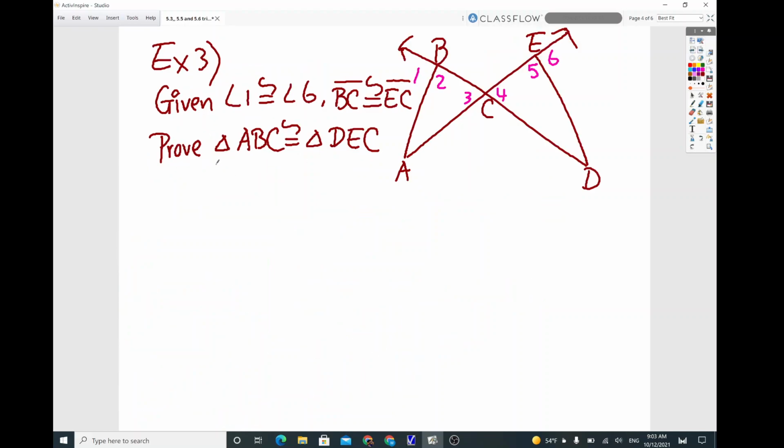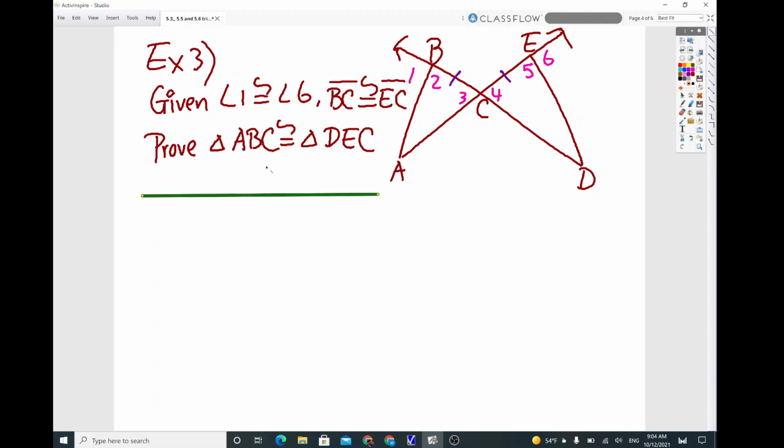Okay, let's keep going. Here's another one. Angle 1 is congruent to angle 6, and segment BC is congruent to segment EC. And you want to prove that triangle ABC is congruent to triangle DEC. So one thing that we notice is angle 1 is congruent to angle 6.